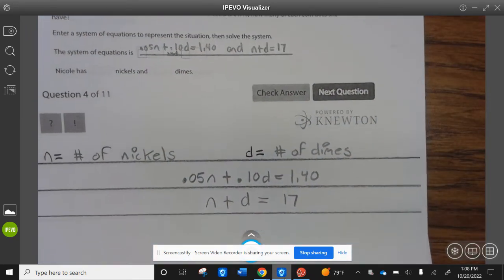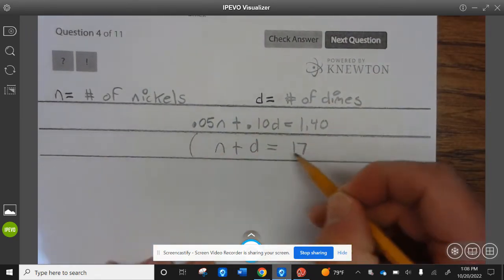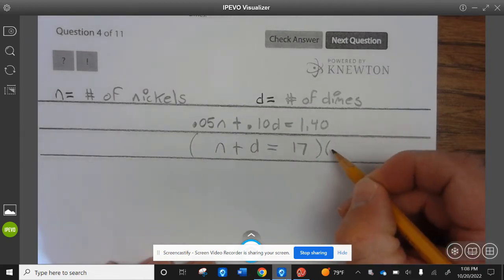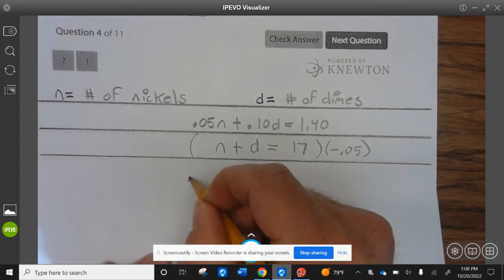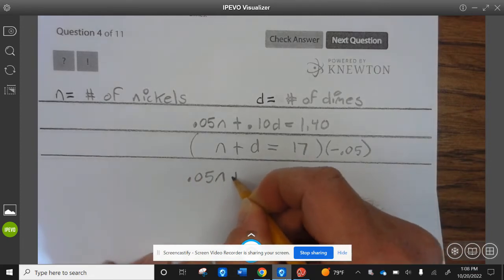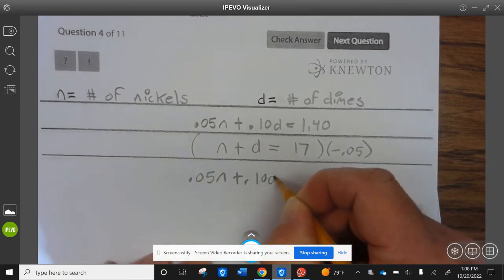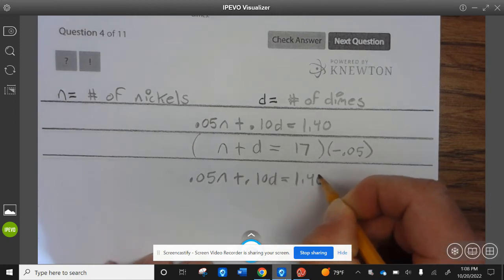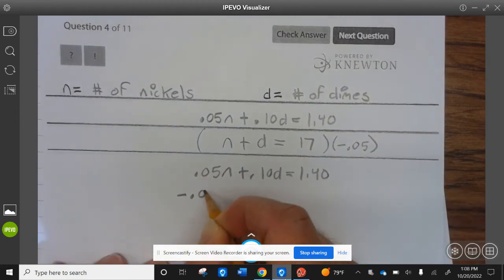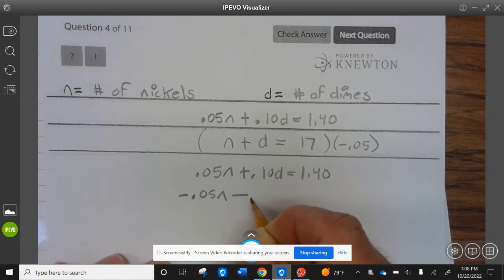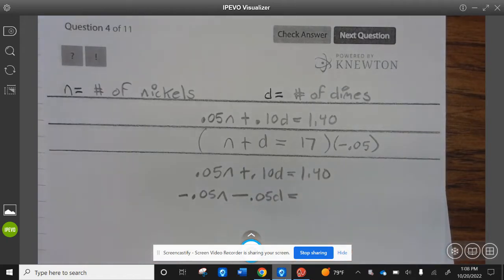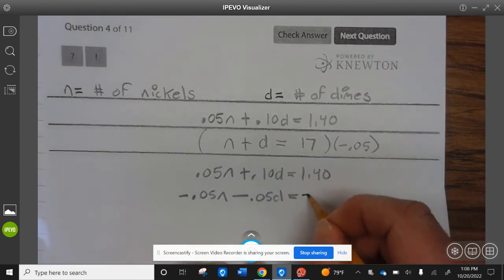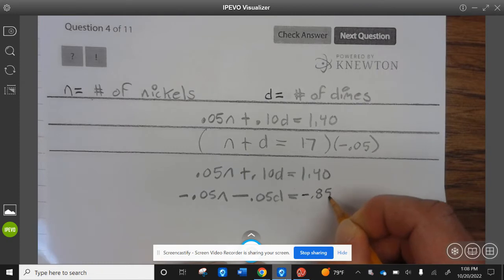Okay, so now let's solve. We're going to multiply the second equation by negative 0.05. So that's negative 0.05 N minus 0.05 D equals negative 0.85.